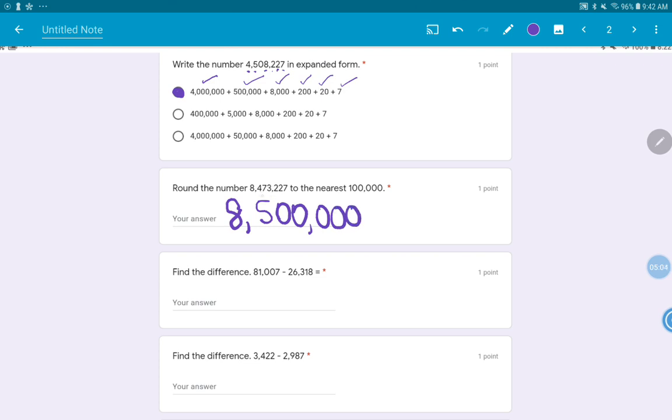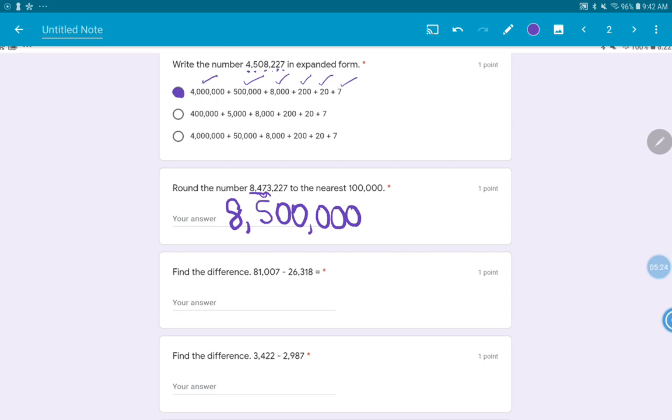So if I look at my 100,000s place value, that's 4. So I have 84 100,000s. The 7 in the 10,000s place value to the right tells that 4 to go up to a 5. So we have 8,500,000.